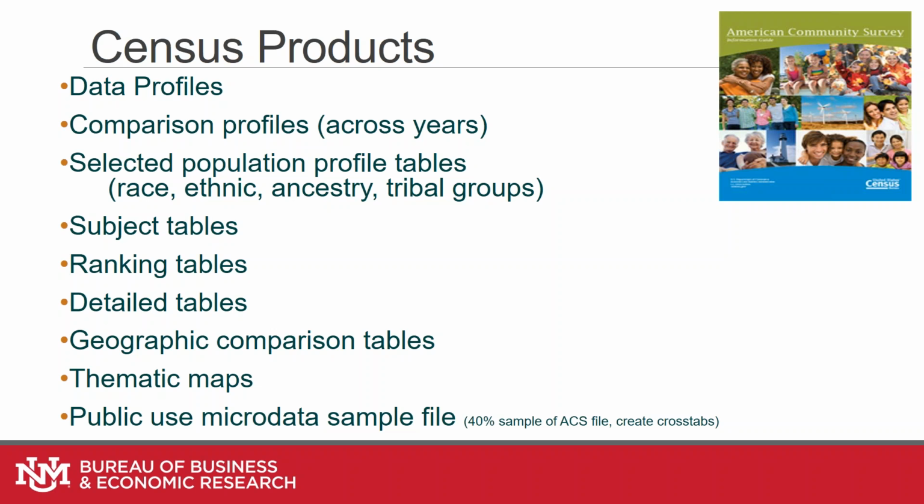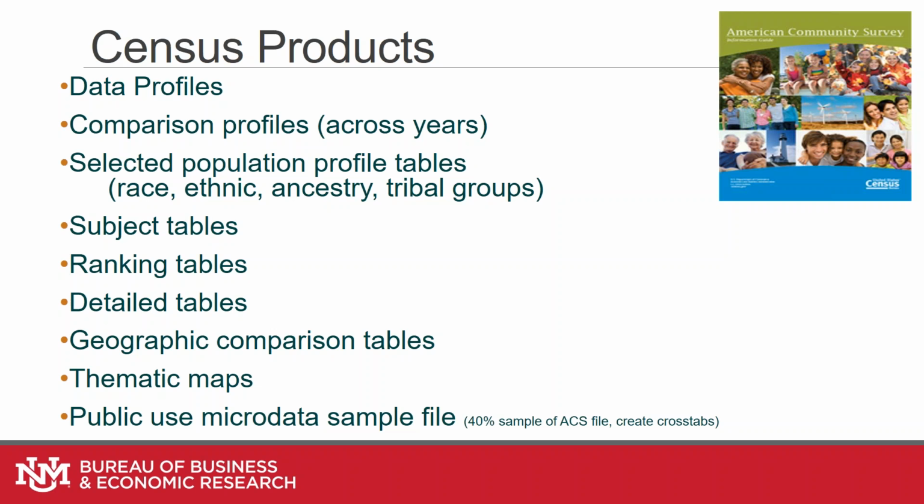There are some things called subject tables, which are kind of high-level tables. They're similar to data profiles, except they usually are a little bit more focused on the subjects. There are ranking tables, so if you want to pull household median income for all counties in New Mexico, it'll rank each county. Those are fun tables if you're trying to compare or rank your stuff.